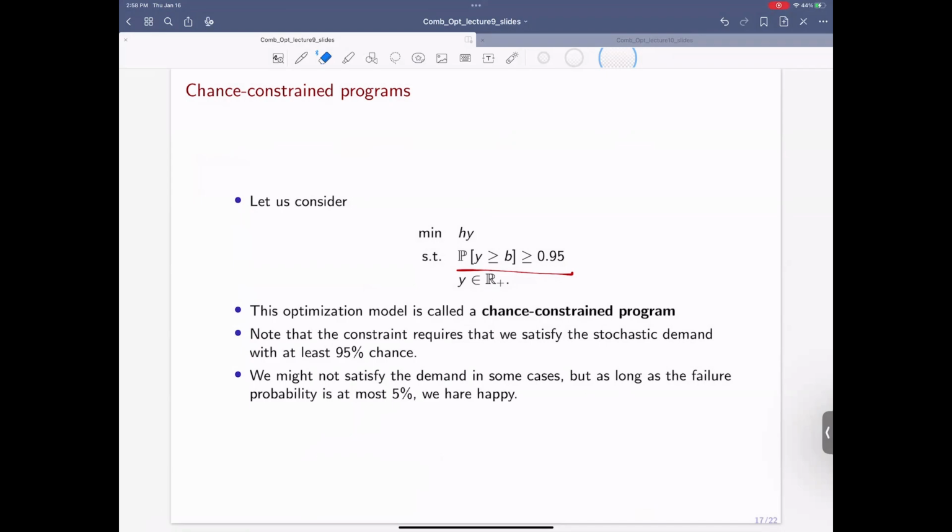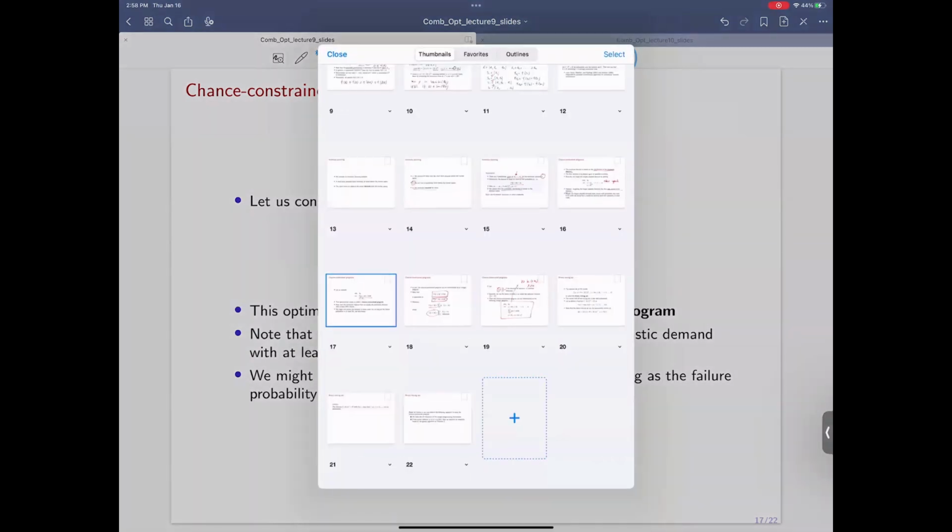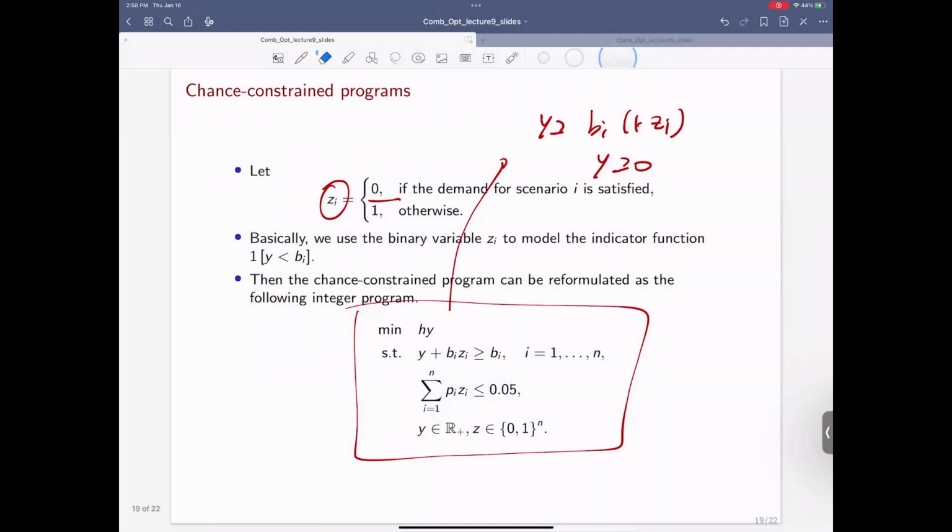What I just explained, which can be a bit technical, but just believe me, is that the problem is equivalent to solving this binary linear program. I have one binary variable for each scenario, and because I'm assuming there are n possible values, I have n binary variables.